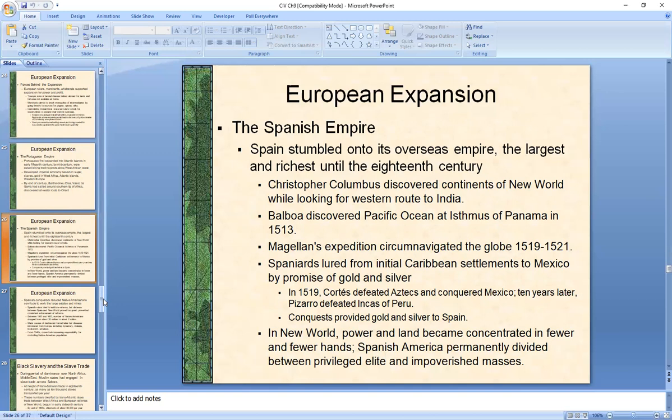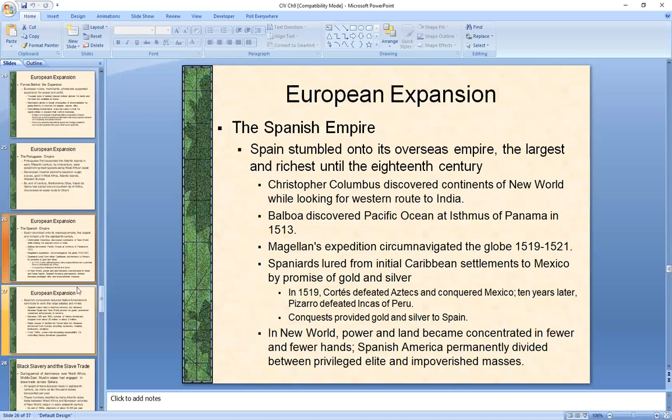Magellan circumnavigated the globe. He went around the globe. And that was important because nobody fell off, right? The world wasn't flat after all. Also important just because it had not been done. This is a very important time where exploration was key.